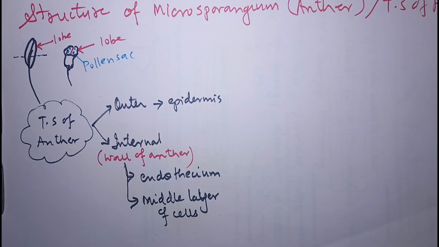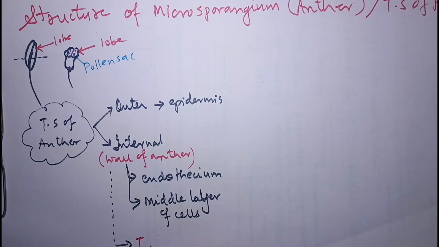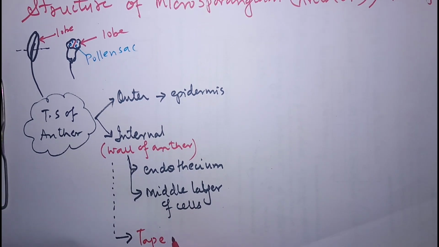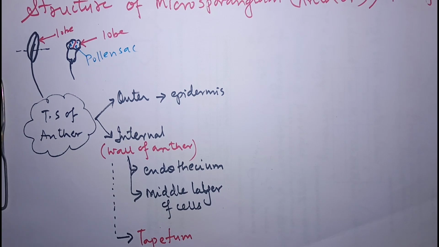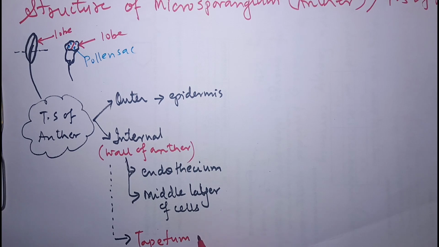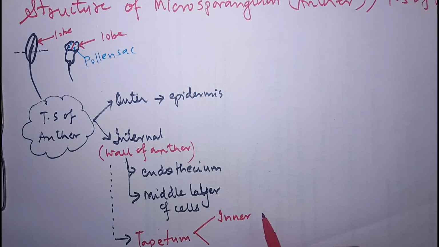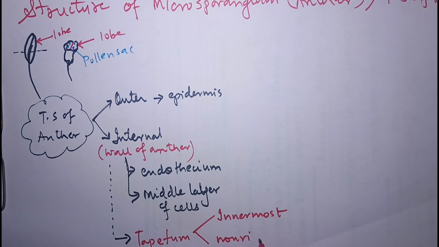Now inner to this you can find the presence of a layer, and that's called tapetum. Tapetum is the innermost layer, and it provides nourishment.